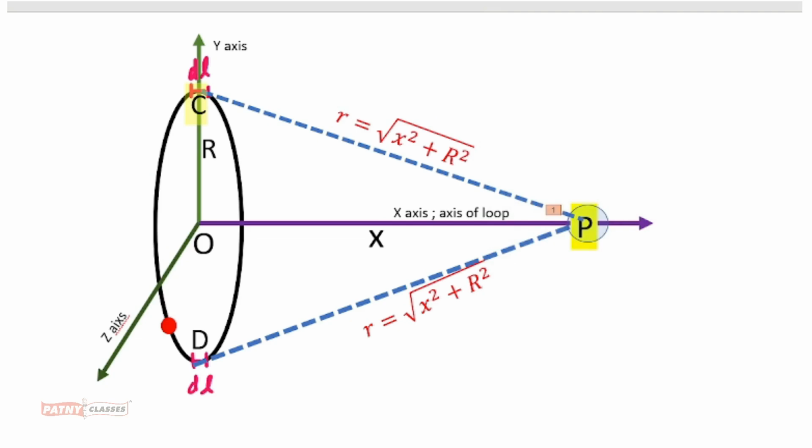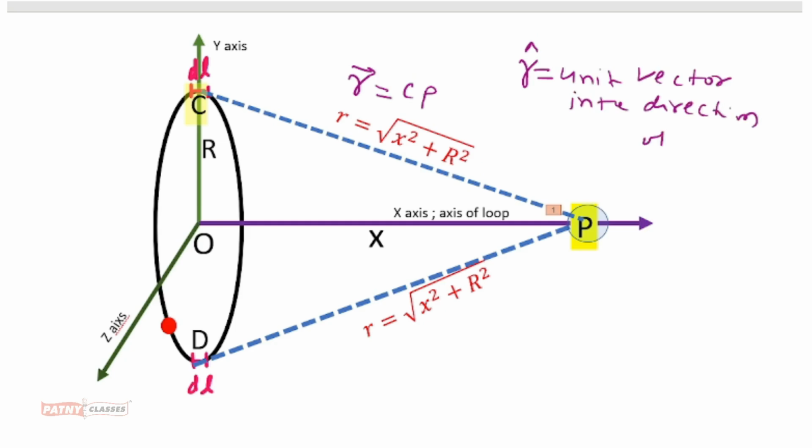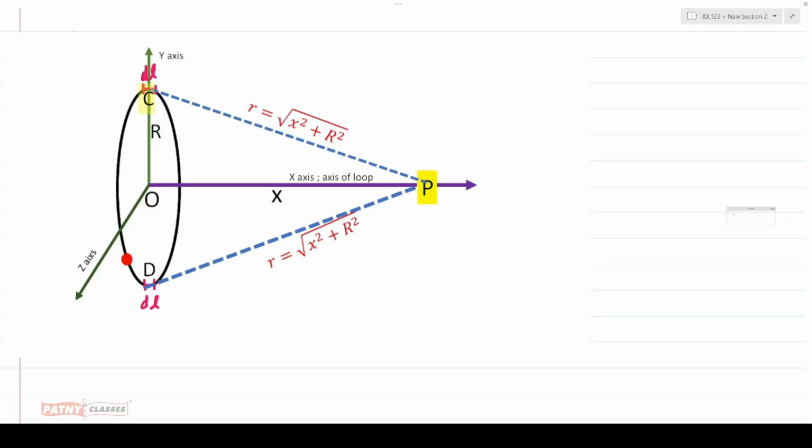So we have CP, which is equal to vector r. Vector r is nothing but CP, and r cap is a unit vector in the direction of CP. Now on this circular loop we can select so many small elements like this.